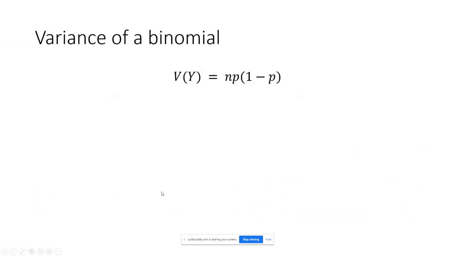All right. One other formula for a binomial distribution that you're going to want to know is the variance of a binomial distribution. So this equals n times p times 1 minus p, or n times p times q.